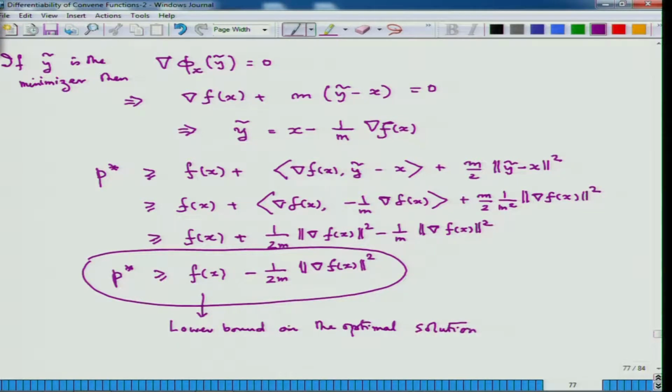You will soon be surprised to see that this fact would be used to figure out how far a given x is from the original x star, which we might not even know. We know f x star is p star.